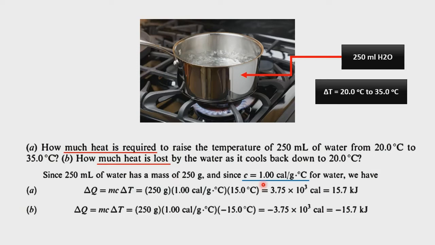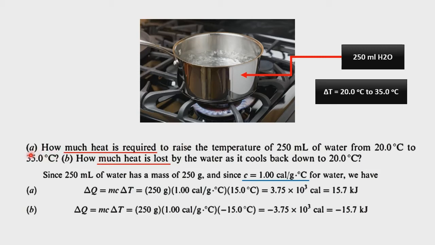The specific heat of water is 1 calorie per gram degree centigrade. Our formula is ΔQ equals mcΔT. And so we are going to replace all the missing values from the given problem.